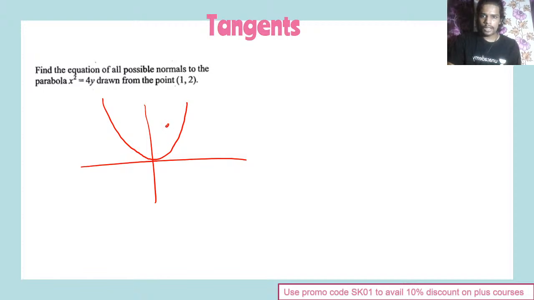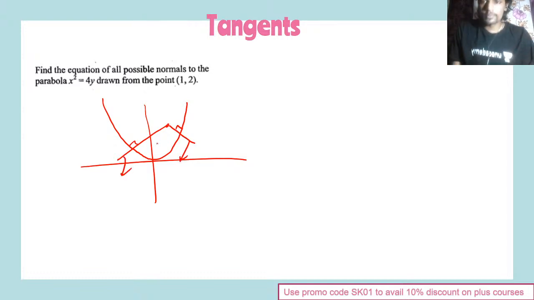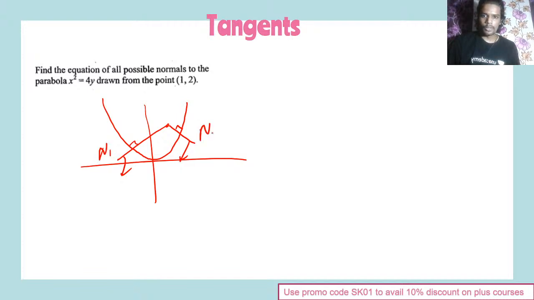From this point I will construct, let's say, this is one normal and this is another normal. I want to calculate the equation of this normal as well as this normal. Let us call them n1 and n2.